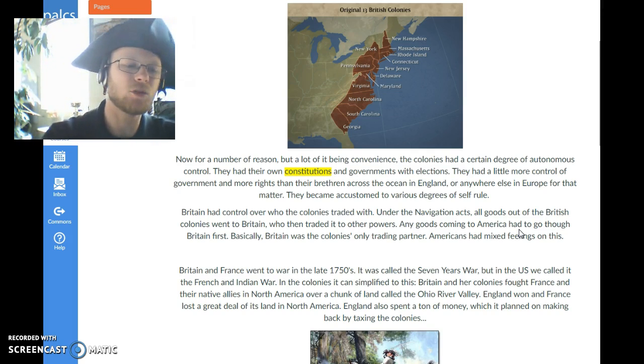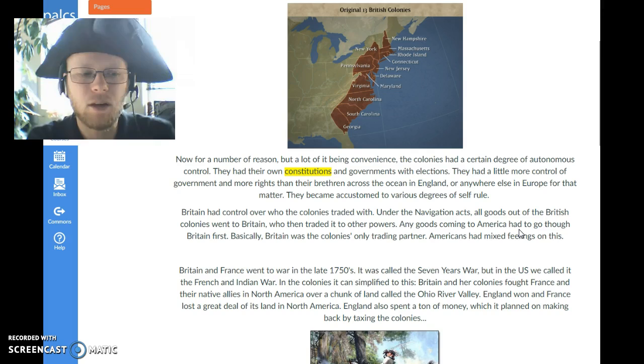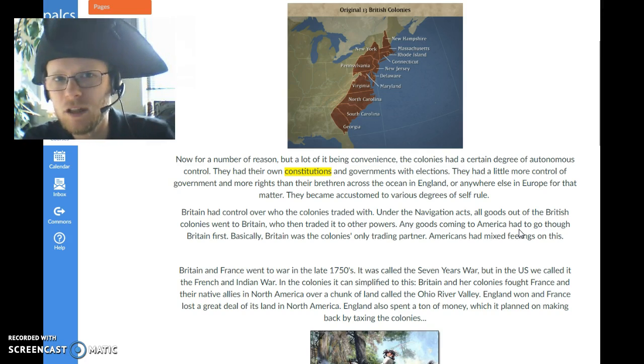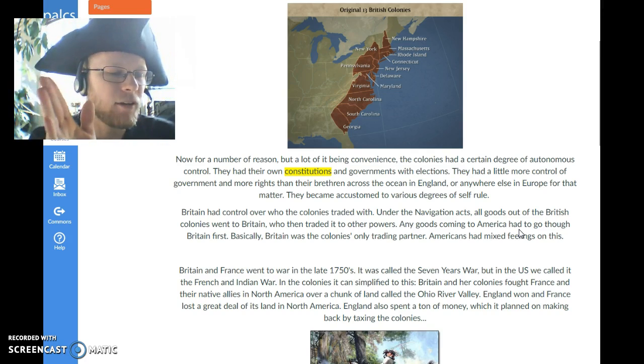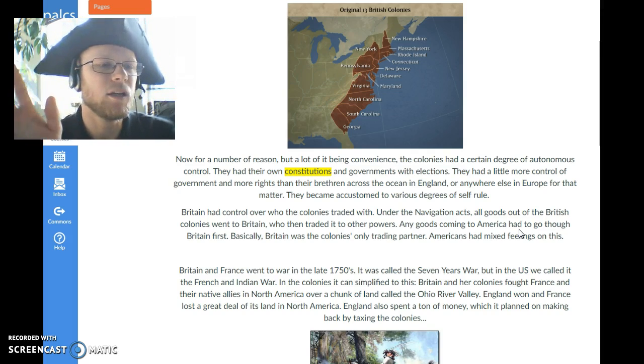Now Britain had control over the colonies in that they controlled who the colonies traded with. Under the Navigation Acts, all goods out of the British colonies had to go through Britain first. So basically the colonies had to trade with Britain, and then Britain would trade American goods with other countries.